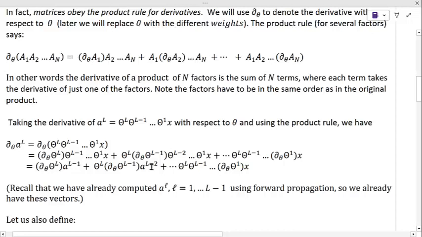Each term is going to have a product of matrices in front, then a derivative, then a layer output. Now, these A's we've already computed using forward propagation. You needed forward propagation to get the output of the neural network, so we already have these.